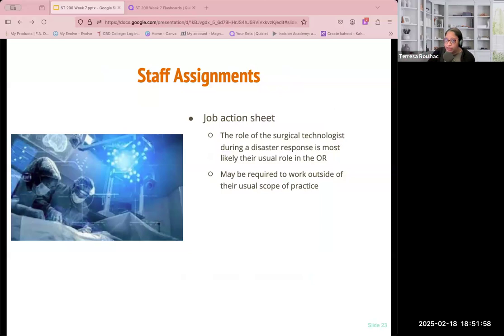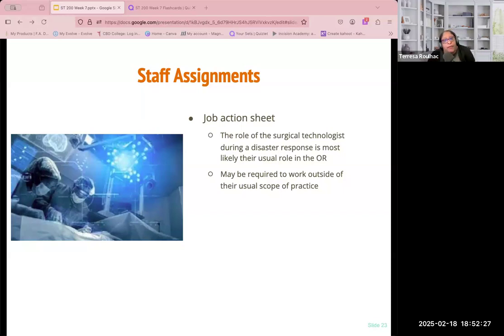And I said that particularly because oftentimes during these situations, you may be performing surgical duties in a different environment, but you're still in your role. Okay. Now, we may even be required to step outside of our normal scope of practice, and that's going to be depending on the need of the situation. All right, here's a breakdown. Okay.